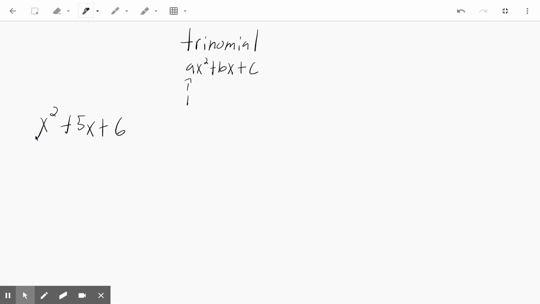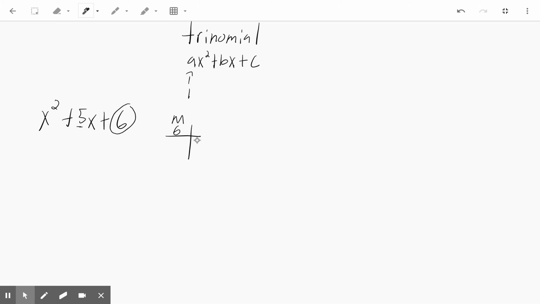If you remember back, we were looking for two numbers that multiplied to equal 6, and they needed to add to equal 5. So we would say, what two numbers multiply to equal 6? 1 and 6. Do those add to equal 5? No, so that doesn't work.